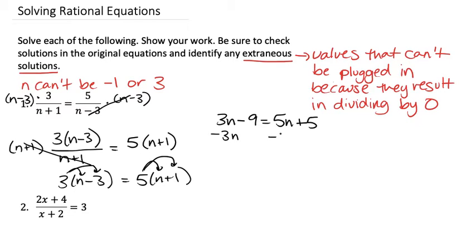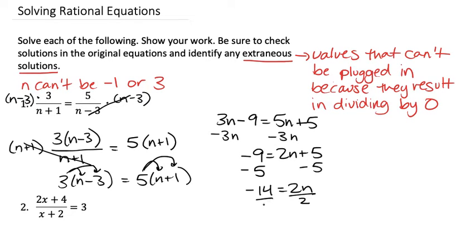Combine like terms, get the numbers on one side and the variables on the other. So my next step would be to subtract 5 from both sides. So -14 equals 2n. And then lastly, divide by 2. And we get, finally, n equals -7.